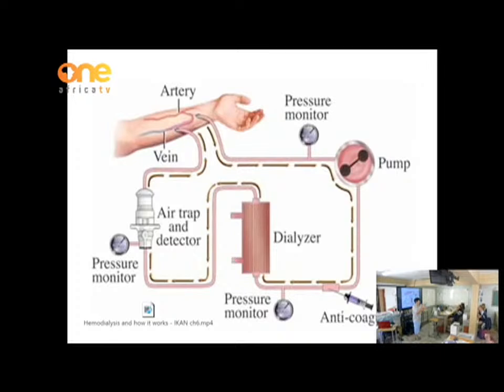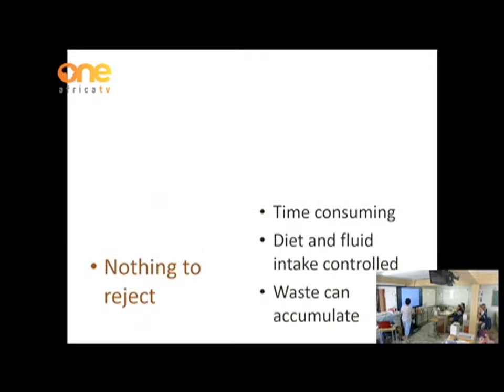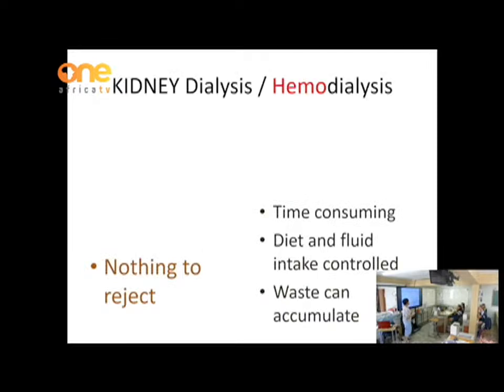So that it can remove urea, but not amino acids, vitamins, and glucose. Okay, and then we also talked about the peritoneal dialysis, where they use the lining inside your stomach, pump it full of dialysate, and the exchange is happening.